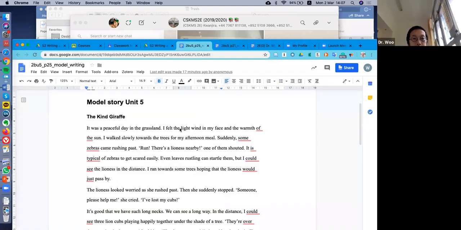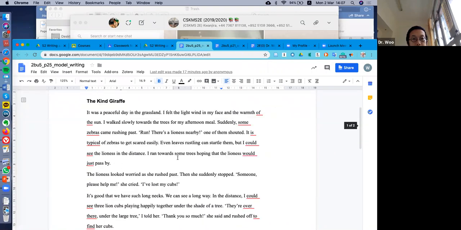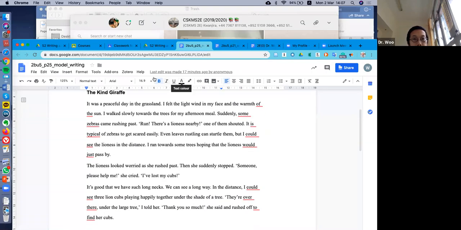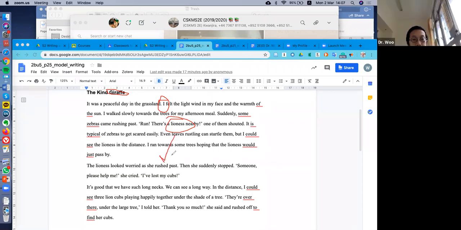So while you're thinking of your ending, I'll take a look over here as well at the ending of this story. So we have a giraffe, from the giraffe's perspective, and there's a lioness. And curiously, there's a swerve. The lioness actually needs help.